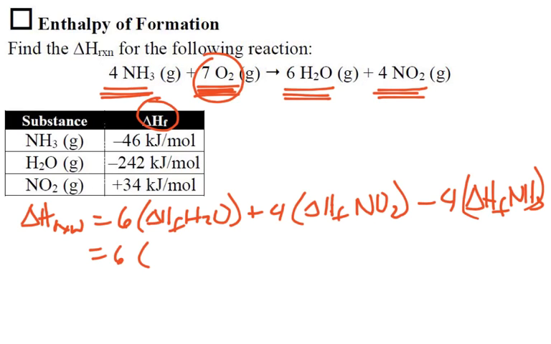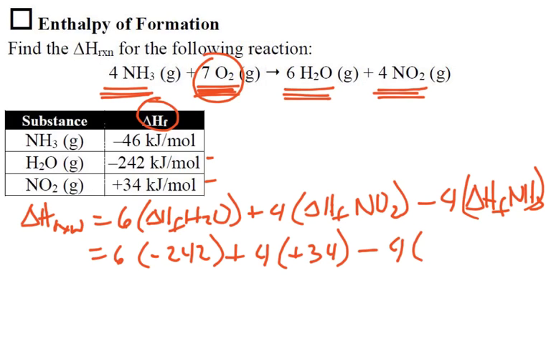So 6 times H2O is negative 242 kilojoules per mole of reaction, and 4 times the NO2 number, which is positive 34 kilojoules, and minus 4 times the NH3 number, which is negative 46.